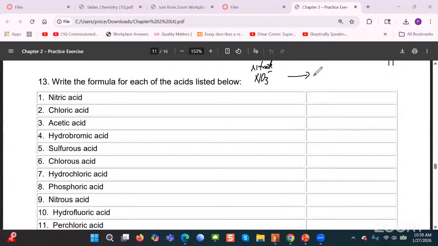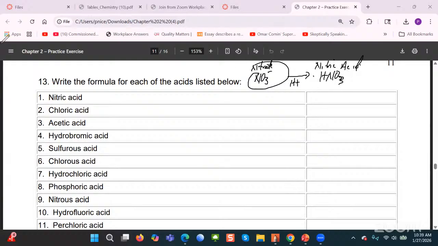To get the corresponding acid, we add H plus to it. This becomes HNO3. And the name of the acid is nitric acid. All right?